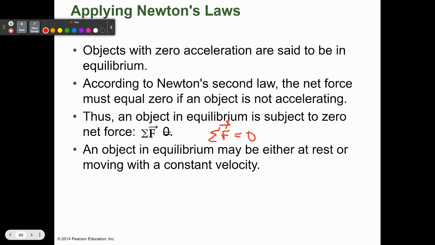An object in equilibrium may be either at rest or moving with a constant velocity. Remember, if it's moving with a constant velocity, its acceleration is 0. So it doesn't have to be just sitting still. It could be moving with a constant velocity, which would make acceleration 0.